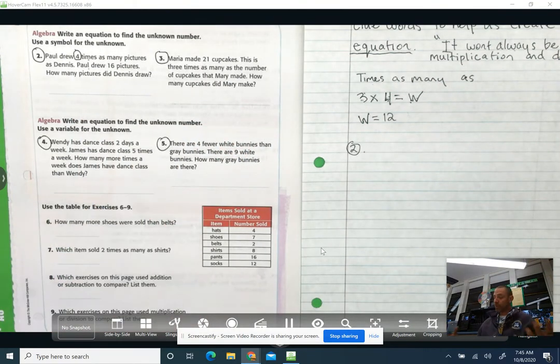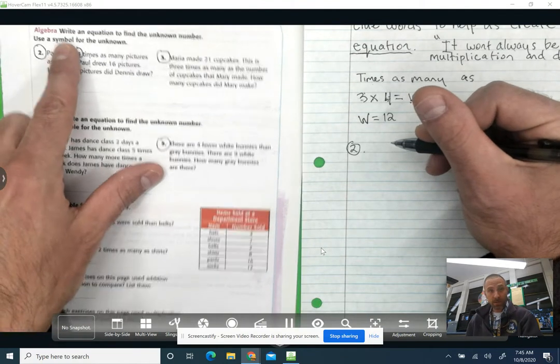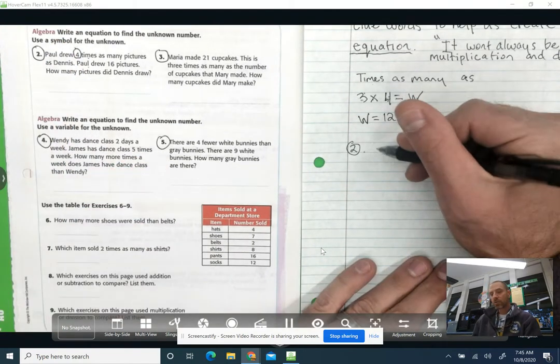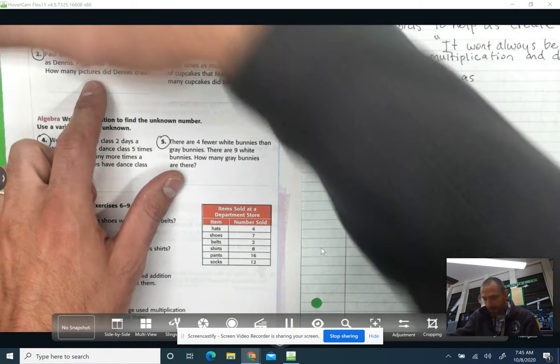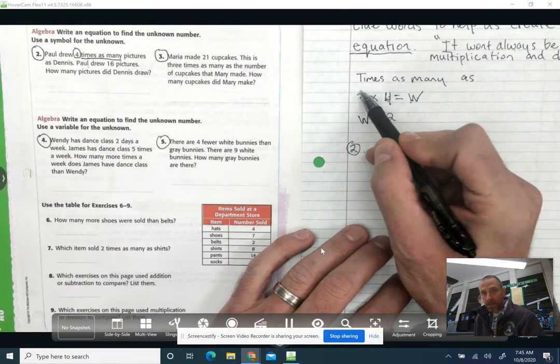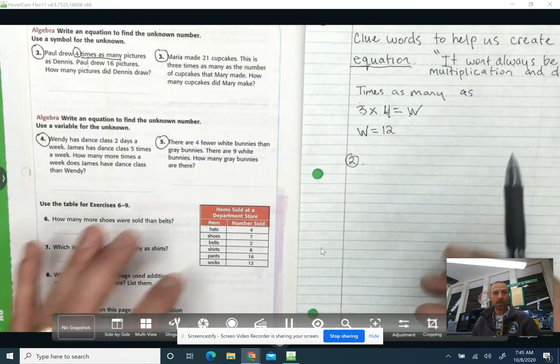Okay, so we have 4. Now look at our direction, write an equation. So look for your phrase, times as many. There it is, times as many. That's our clue phrase. It's got the word times in it. We're multiplying.